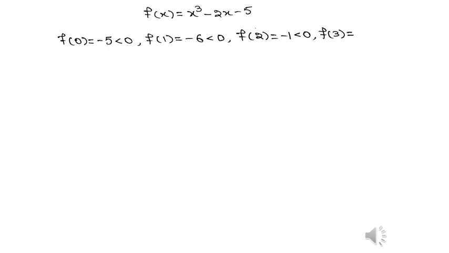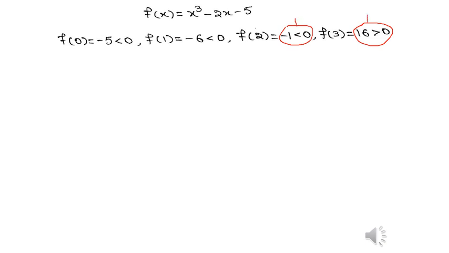If you put x equal to 3, you get 16. Very good. Now you got f of 3 as positive and f of 2 as negative. So we got one negative and another positive.